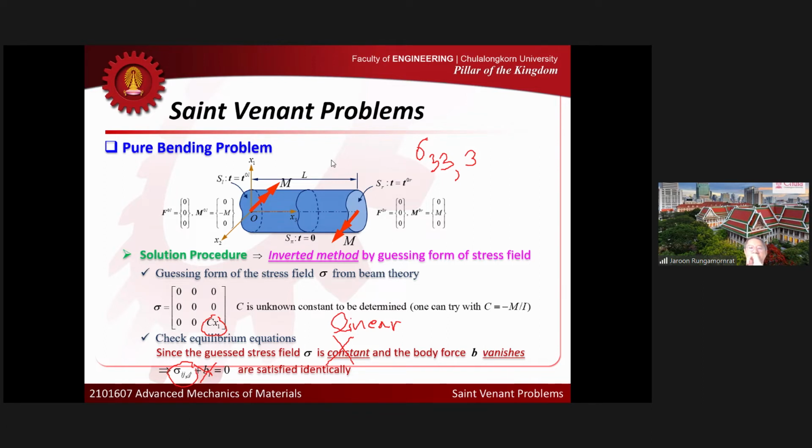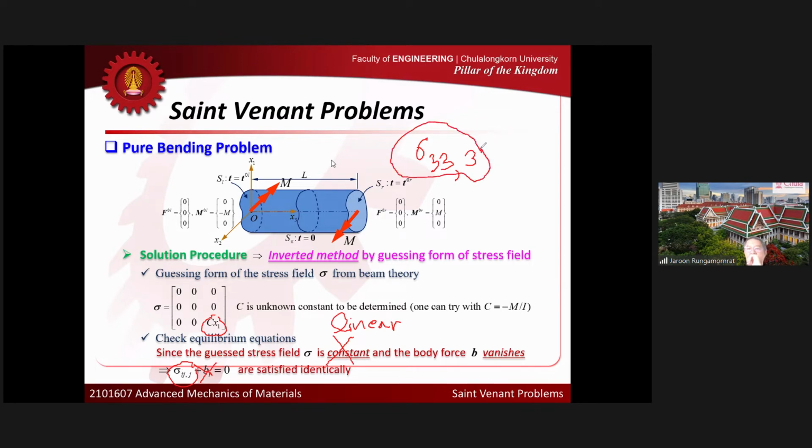Because j here is a dummy index, right? So j can be 1, 2, or 3, and I care only about the term sigma 3, or you can expand the whole equation if you want to. But if you look at the term that is non-zero, the one that is non-zero is sigma 3. So the only term contained in the expansion is simply that one, right?